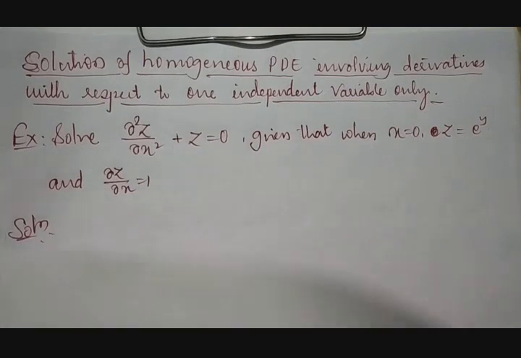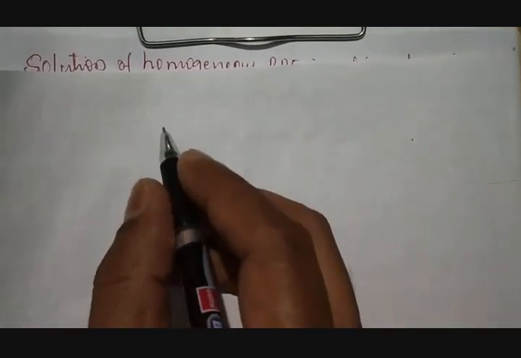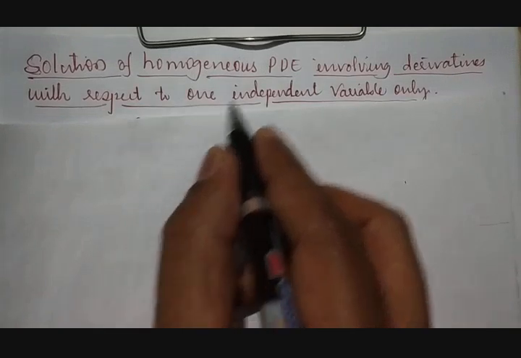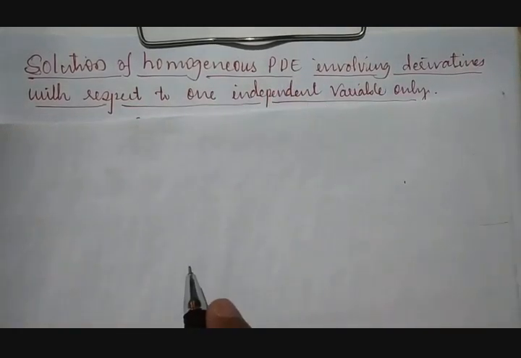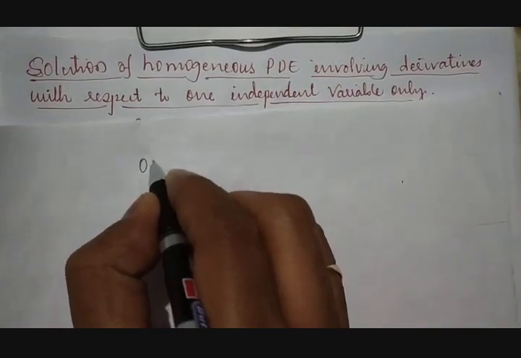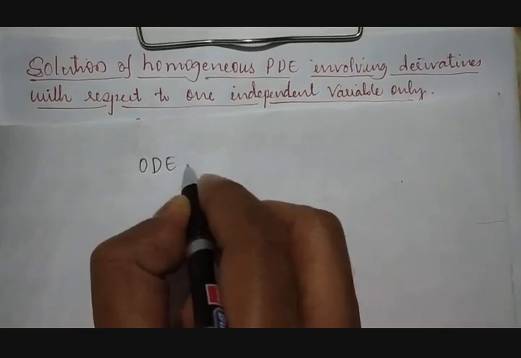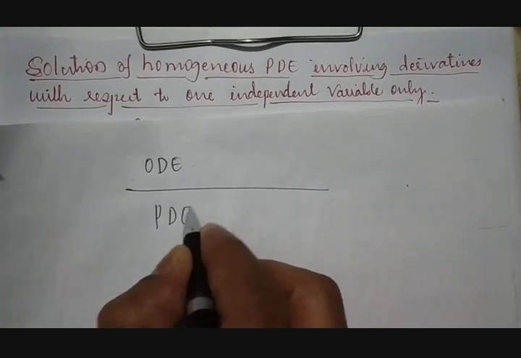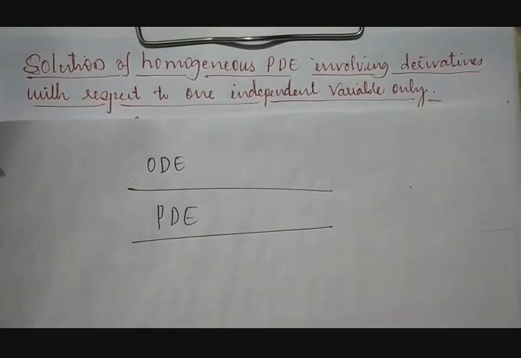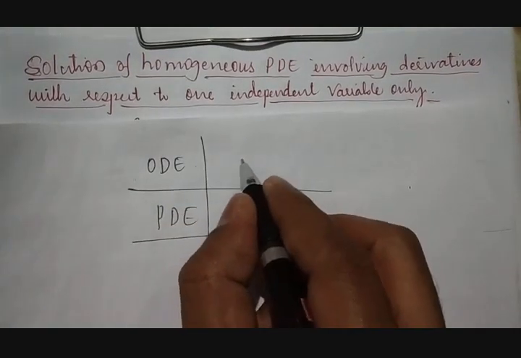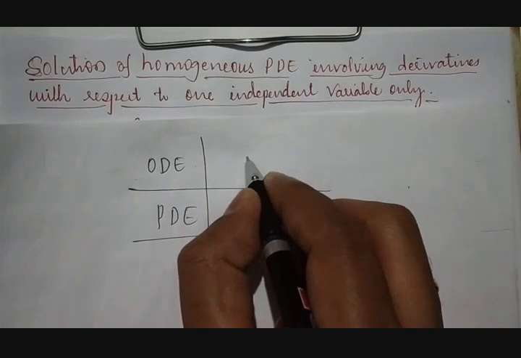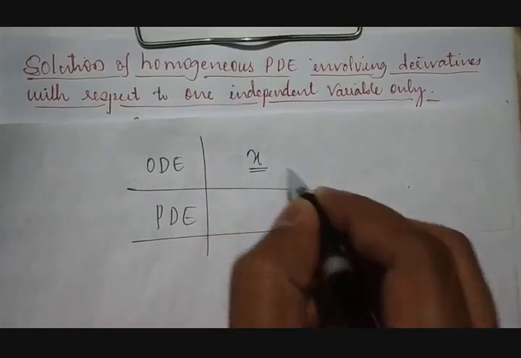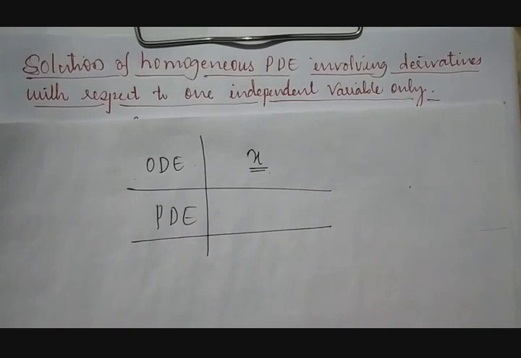So for that, first I'll go through the clarification of this statement. I want to make two things very clear. What is an ordinary differential equation and what is a partial differential equation? We know that an ordinary differential equation is an equation where one variable will be available.